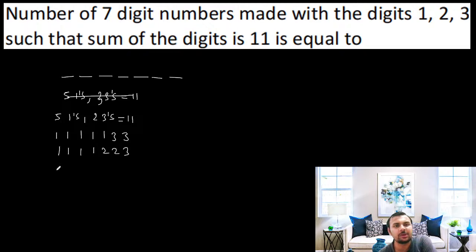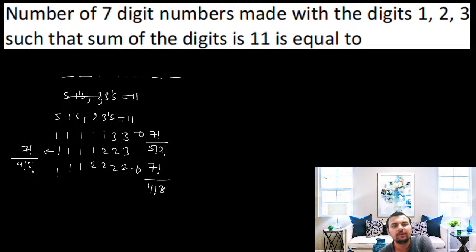We can shift 1 more this side. 1, 1, 1, 2, 2, 2, 2. So this is somewhere 7 factorial by 5 factorial 2 factorial, 7 factorial by 4 factorial 2 factorial, and 7 factorial by 4 factorial 3 factorial.